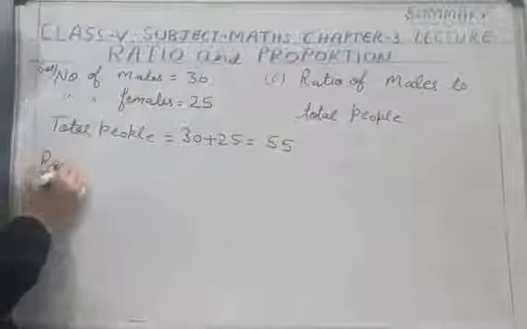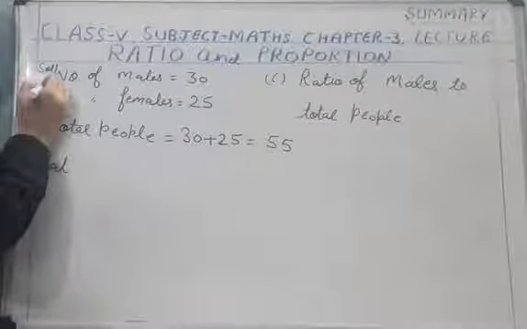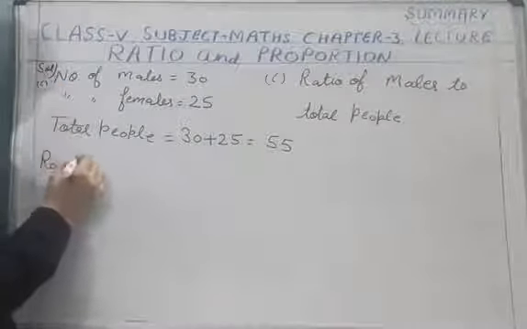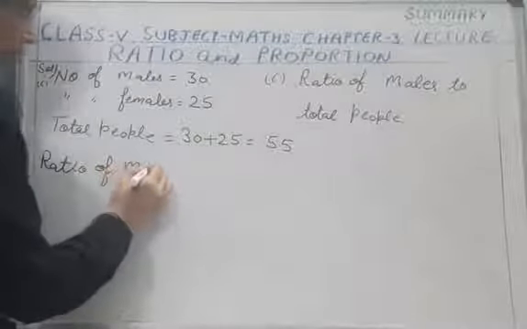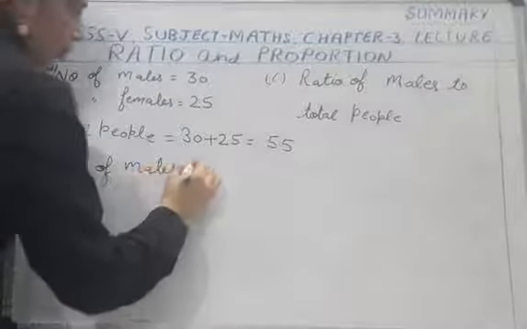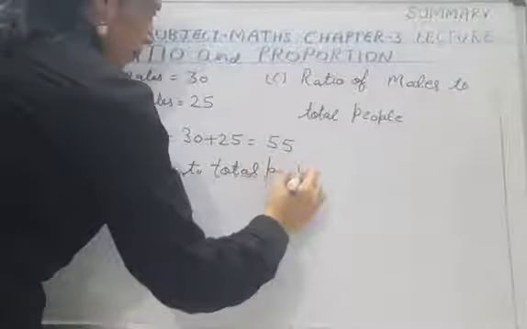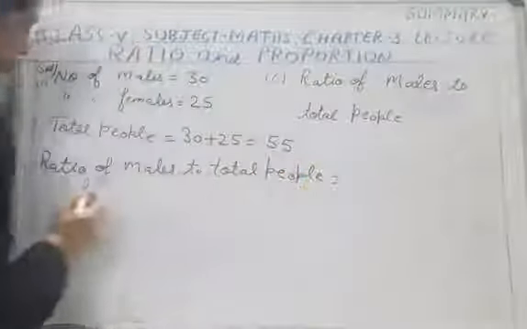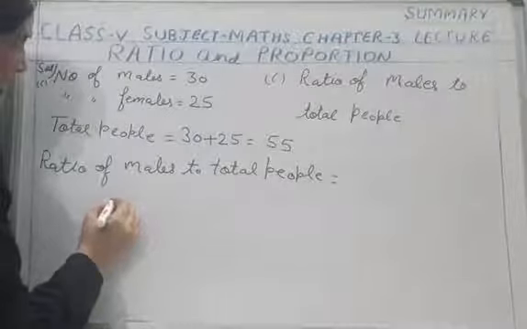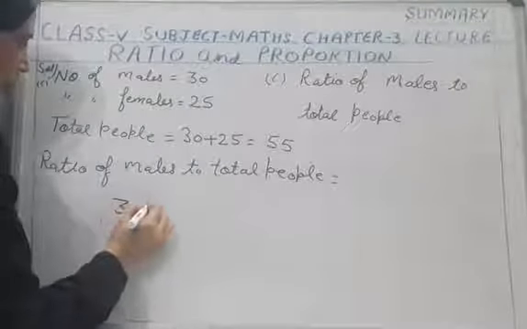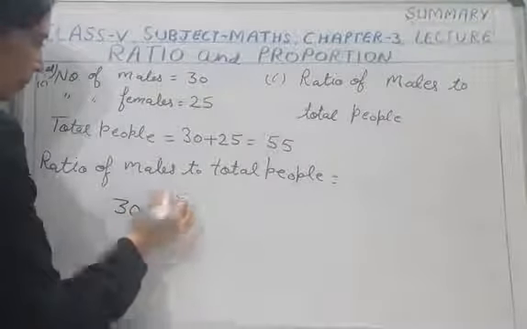Now ratio of males to total people. Ratio of males to total people. Males 30. Total people 55.